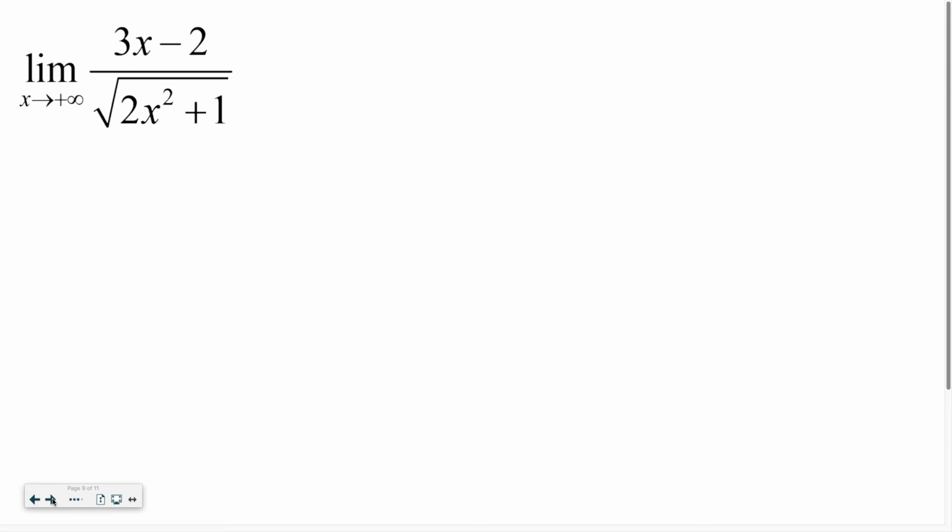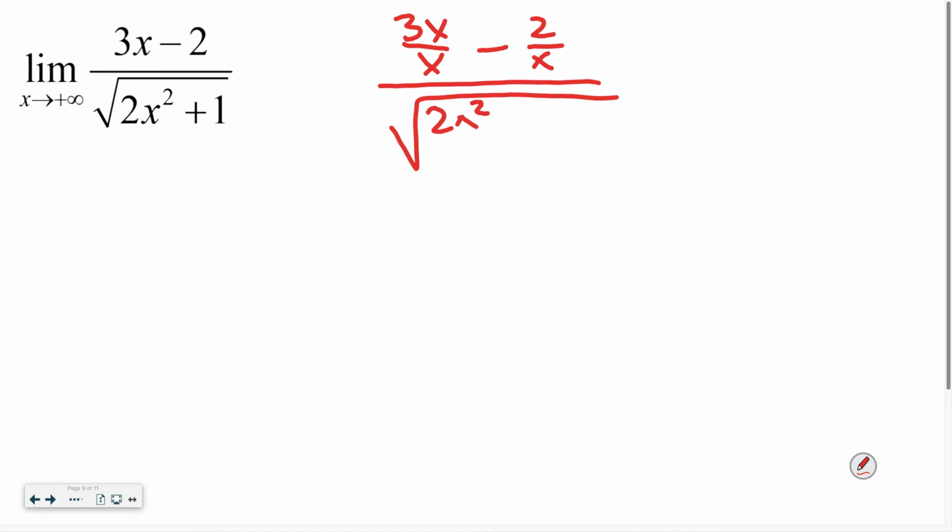Technically, what's the degree of the denominator? 1/2. Okay. It would be square root of x squared is x. So you would have to divide up here by x, but then inside the square root, x squared would be in the square root. Does that make sense?